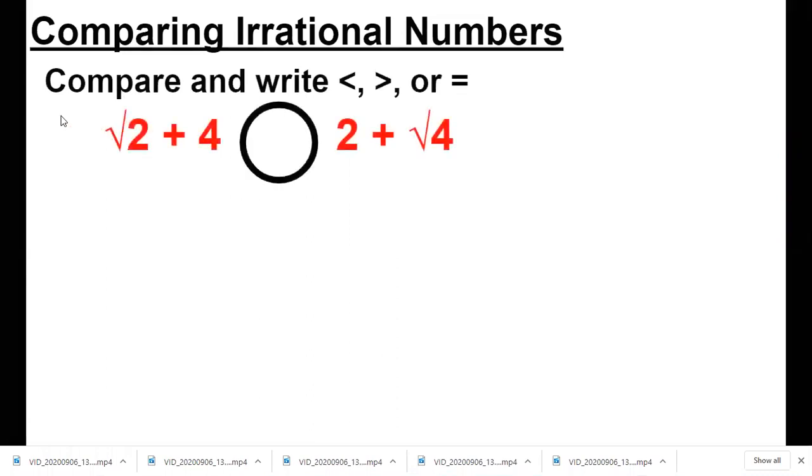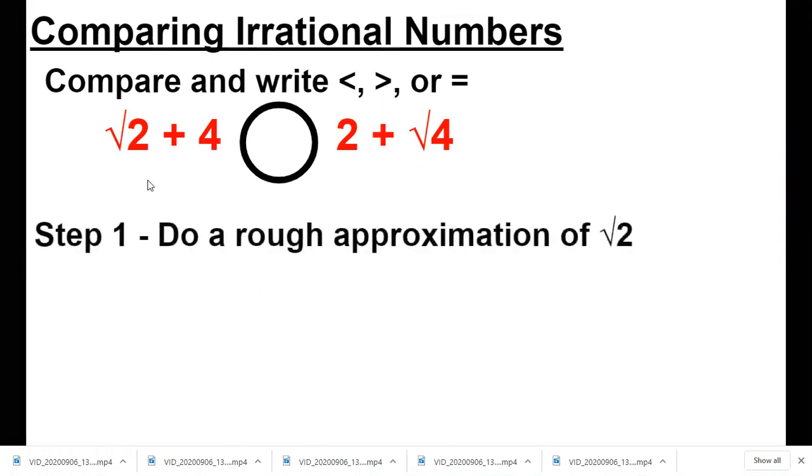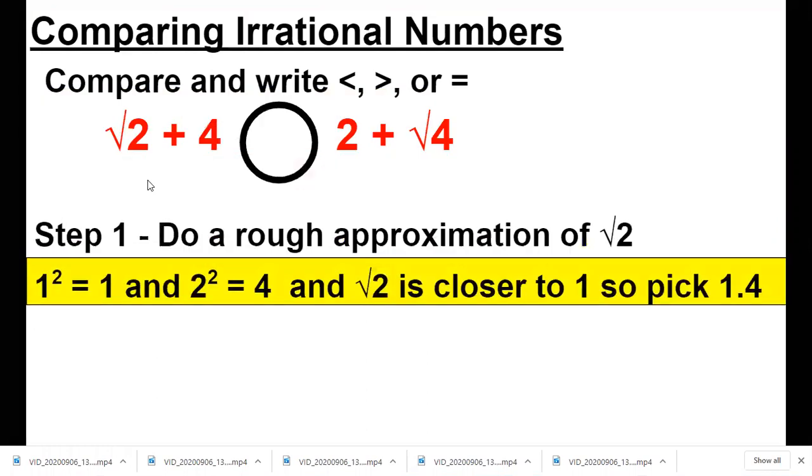Now we have square root of 2 plus 4 compared to 2 plus square root of 4. So we're going to do a rough approximation of square root of 2. 1 squared is 1 and 2 squared is 4, and 2 is closer to 1. So we're going to pick something under the halfway point between 1 and 2. 1.5 is right in the middle, so let's pick 1.4.